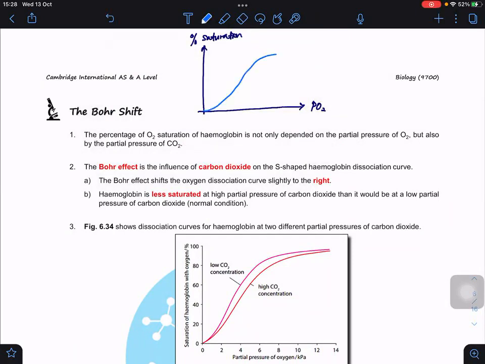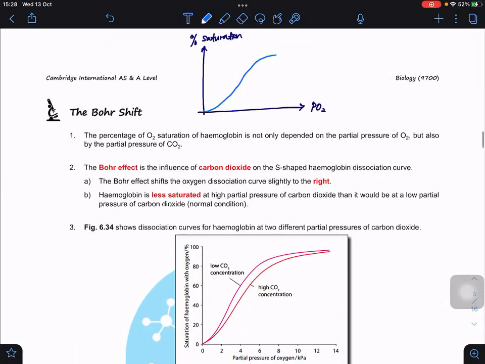So it means that now we know that percentage saturation actually depended on partial pressure of O2. That's why when we increase the partial pressure of O2, we get the percentage saturation increases. If not, it will be a flat straight line, correct?